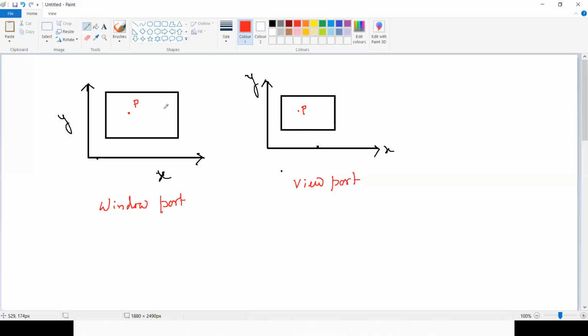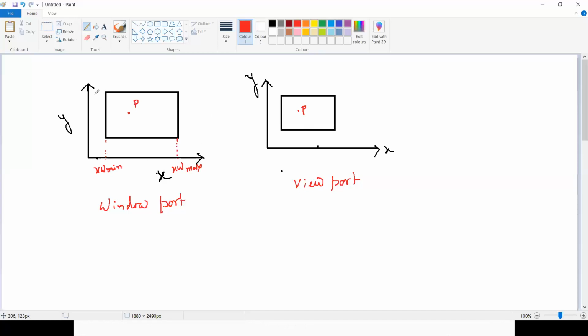Okay. So let us say this point is called XW min. XW min is the smallest coordinate of the window port, and this is the XW max. XW max is the largest coordinate along the x-axis for the window port.